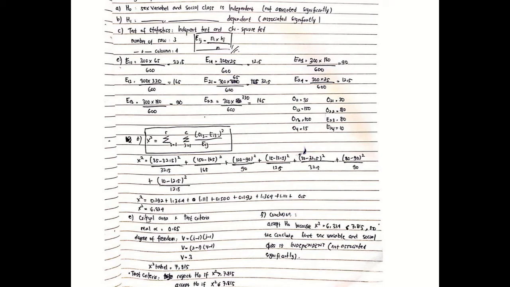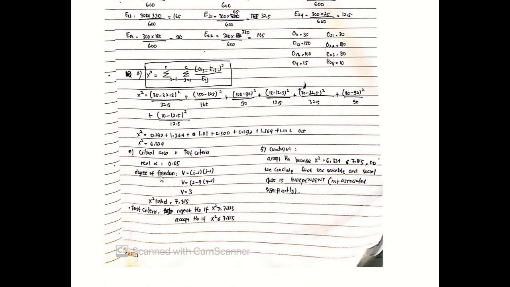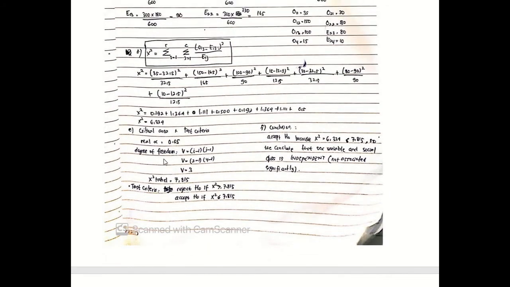So we get x square is 6.334. Then next is the critical region and test criteria. The alpha we have is 0.05, and for the degrees of freedom the formula is v equals (i minus 1) times (j minus 1).